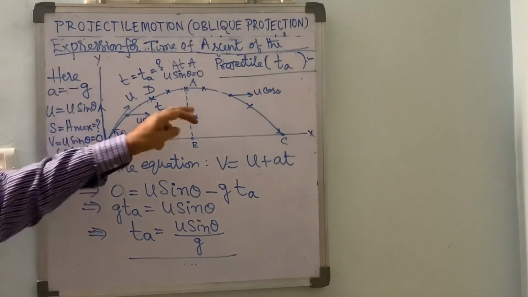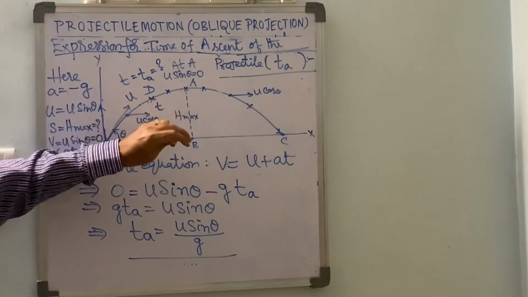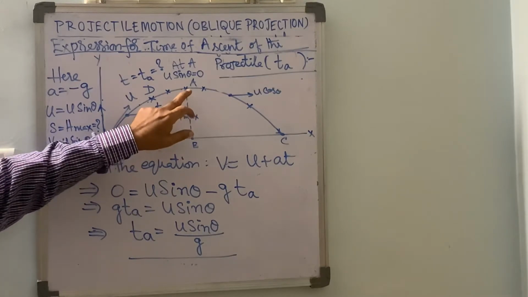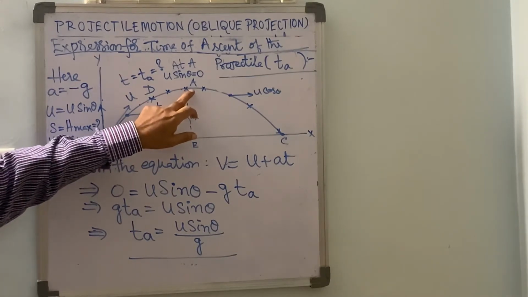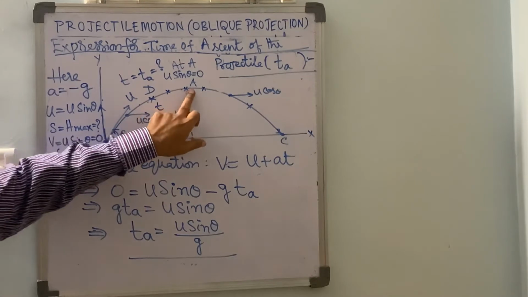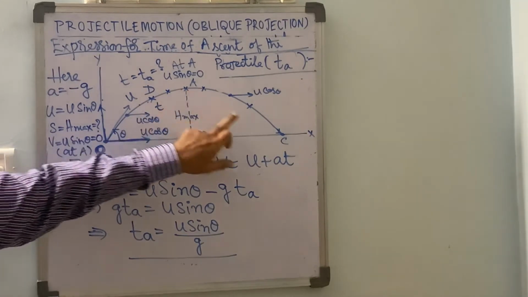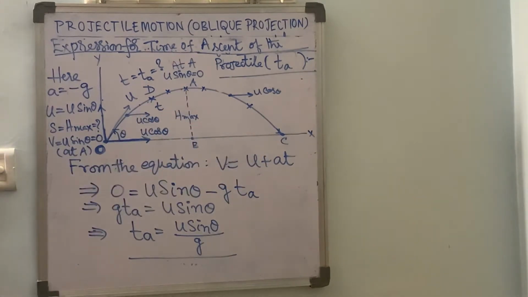Now let us derive the expression for time of descent. Time of descent is the time taken by the body to reach the ground from its maximum height, that is, the time taken to travel from A to C, the return journey.